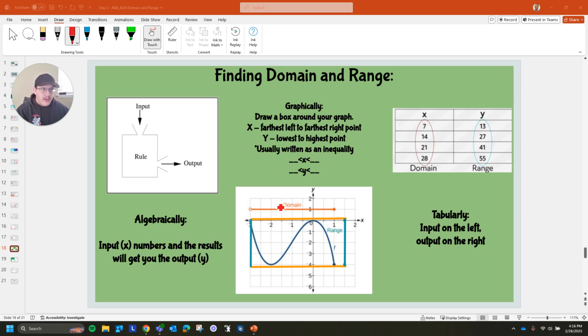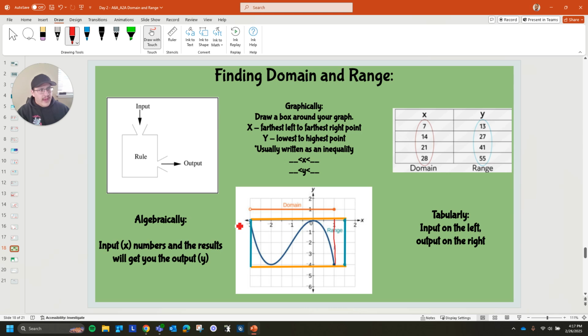Graphically, one way that you can think about finding the domain and range is drawing a box around the segment of the line that you're working with. This works with segments usually. Anything that continues on forever, not the best. However, anything that is a segment, this works for. So, draw a box around your graph. The x is the farthest left to the farthest right. That box is wrong, by the way. That line should be about right here.